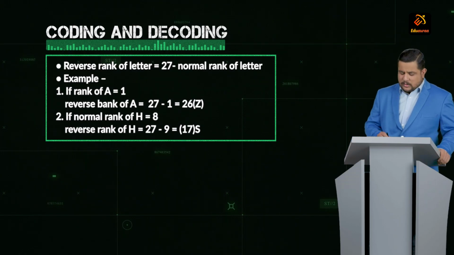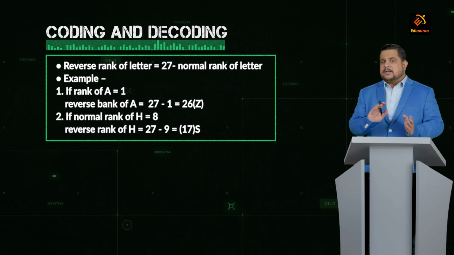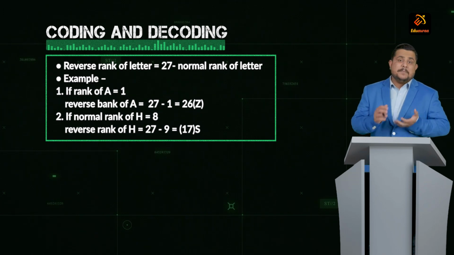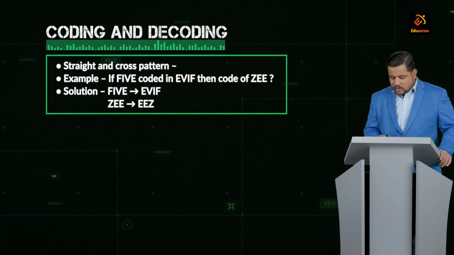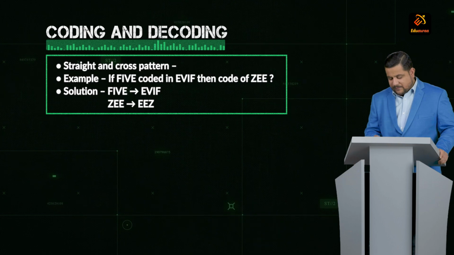We just have to look at the word which is given to us with its code, and check the patterns and logics, because there can be any kind of logic. A straight pattern can be there, a cross pattern can be there. So what are straight and cross patterns? For an example, Z-E-E means Z, for an example, 5.